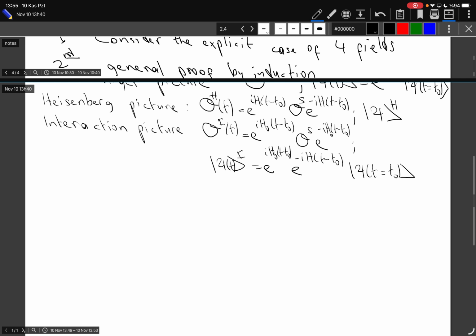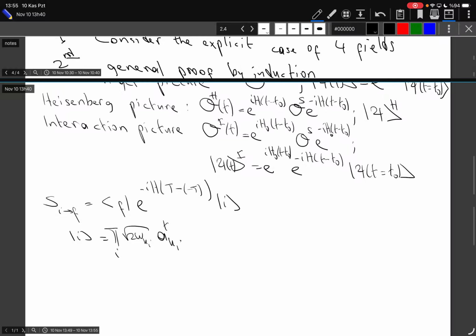Remember, we are trying to calculate this one, given as f, where the initial state we just wrote as square root of 2 omega k_i, a dagger k_i. The a's are just our annihilation and creation operators, creating states in the vacuum, in the empty state.